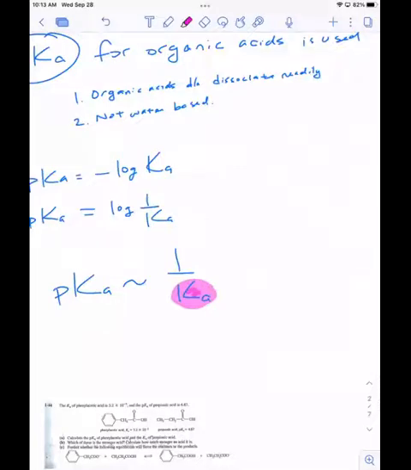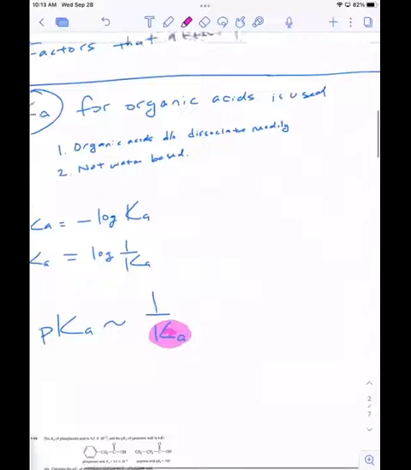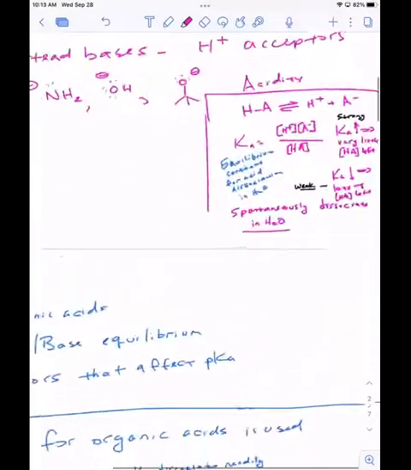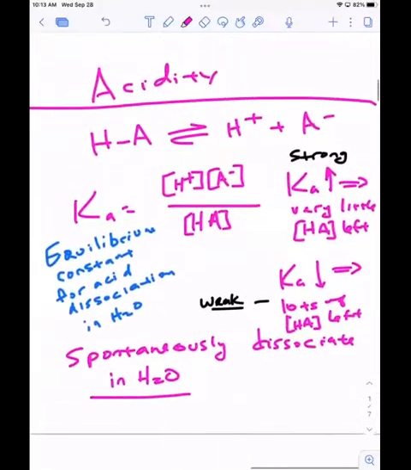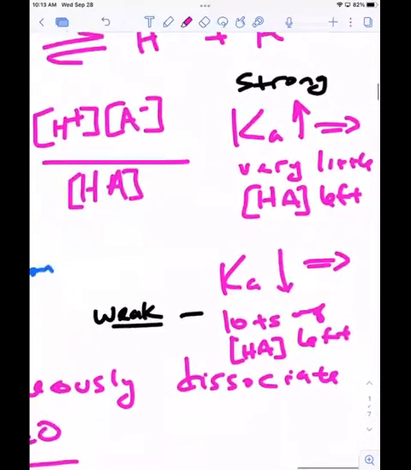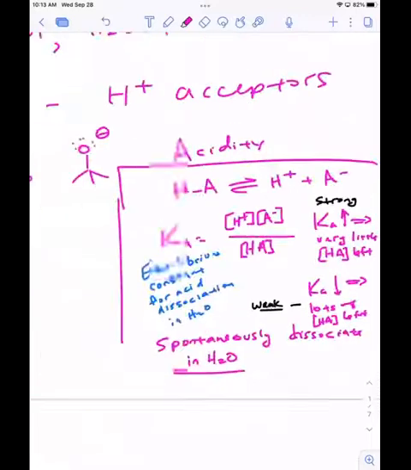It should decrease. Good, excellent. Well, what happens if Ka is a very small number? The opposite should happen, right? The pKa should increase. So up here, if you recall, we said that if Ka is high, that's indicative of a strong acid. If Ka is low or small, then that's indicative of a weak acid, right?